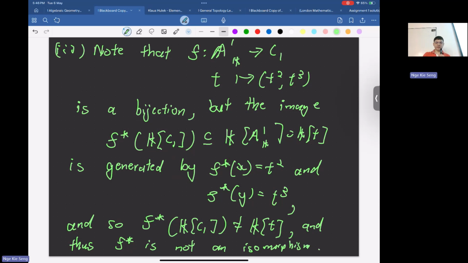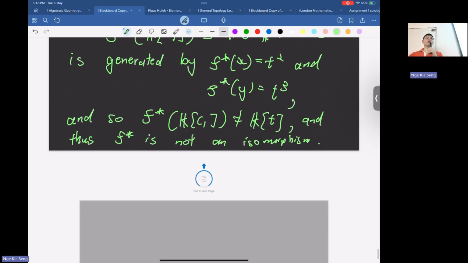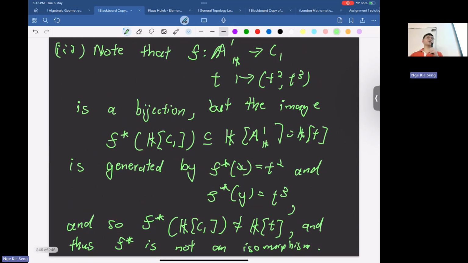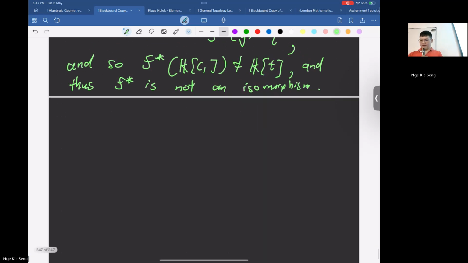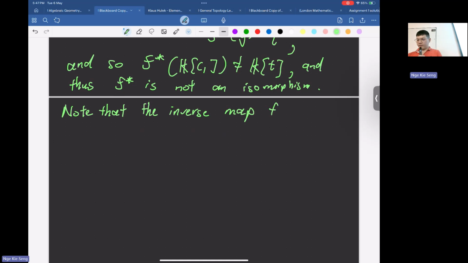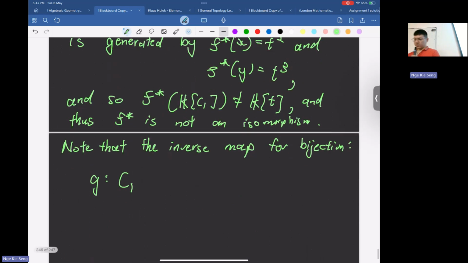What does it mean here? Actually, what's the inverse map I told you just now? You take Y divided by X. What's wrong with that? The inverse map for the bijection that we define by G, from C1 to A1K here.